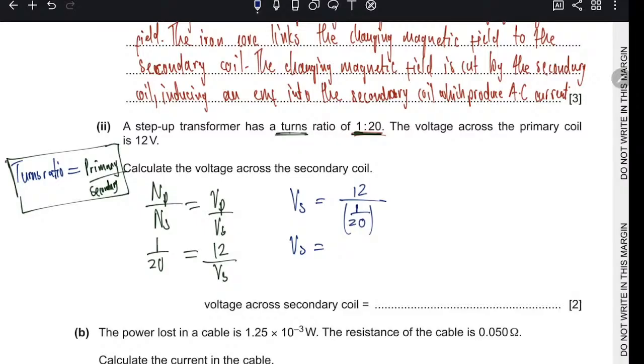What do you get? Put it in the chat, let's see. What do you get when you do 12 divided by open bracket 1/20? What is the answer?